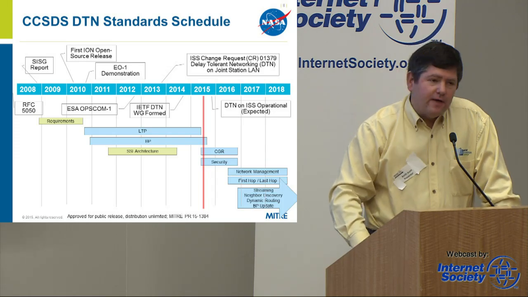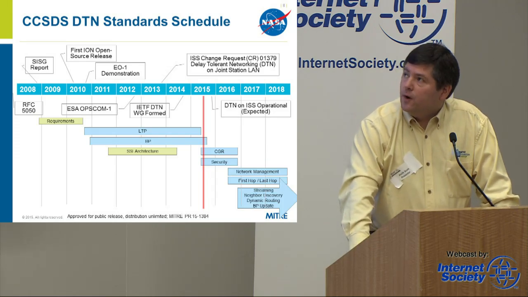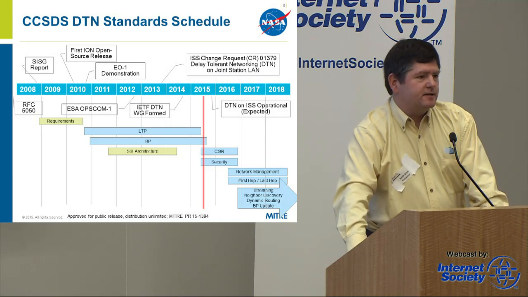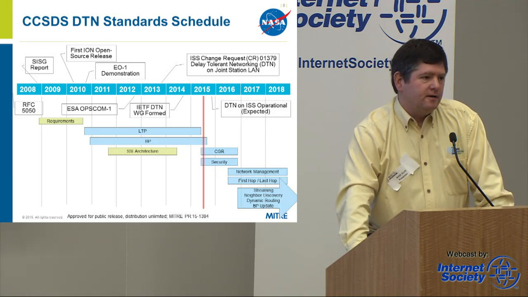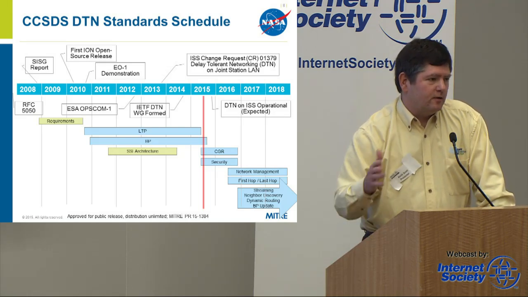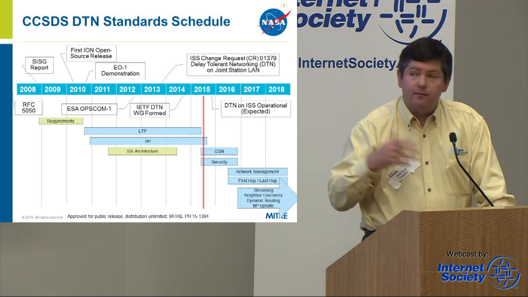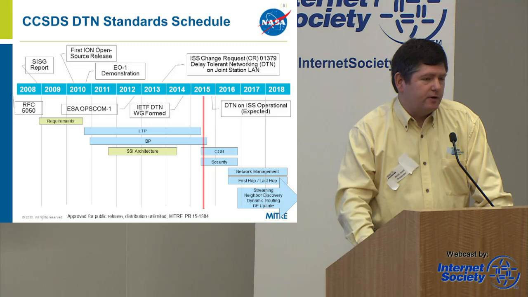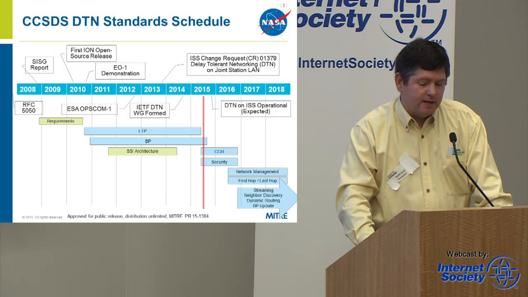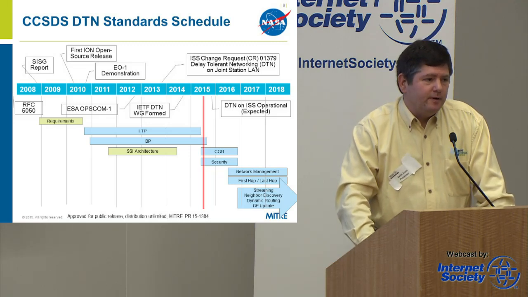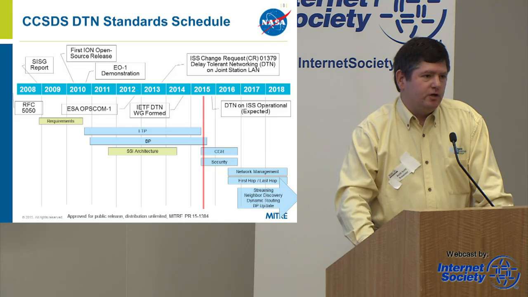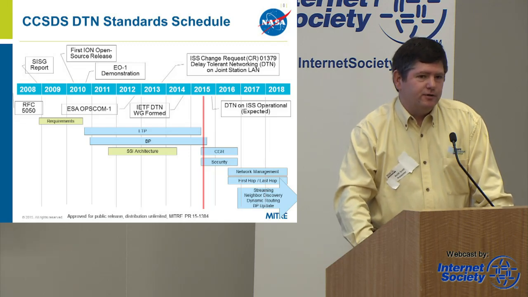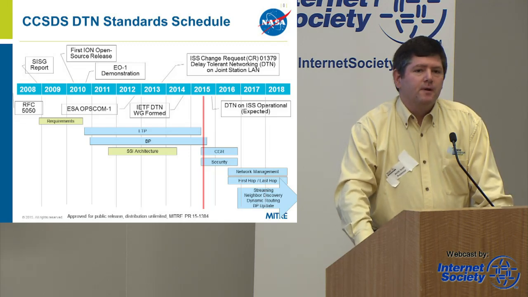In the middle of all that, one of the other things that came out of the Space Internet Networking Strategy Group was the request for this. They looked at these documents that were coming out, and we talked about BP and LTP and what the specs were and what the architecture was, and they looked at all that and said, "Oh, my eyes are glazing over. I need something that's really simple that we can show to high-level managers and they'll get this idea."